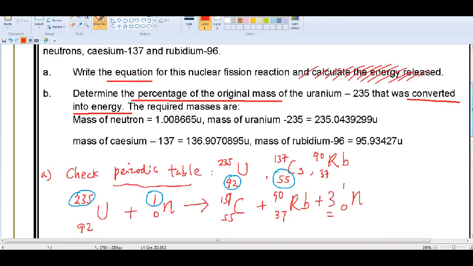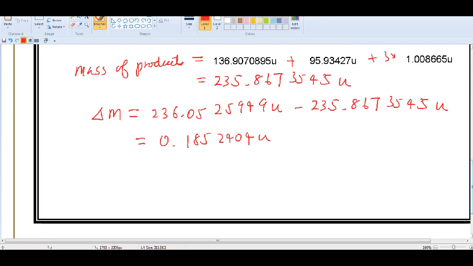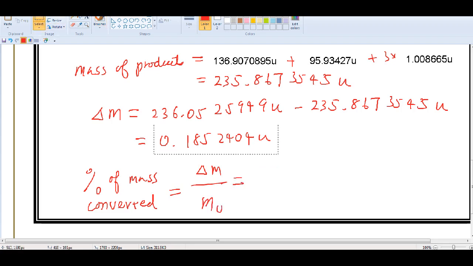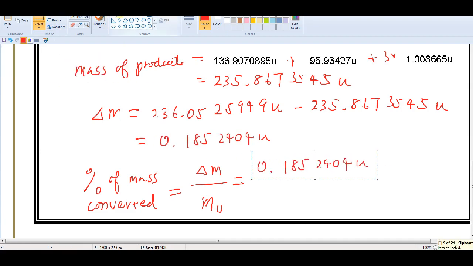The question is the percentage of the original mass converted into energy. So the percentage of mass converted is based on the mass of uranium. You use this delta M divided by the mass of uranium.